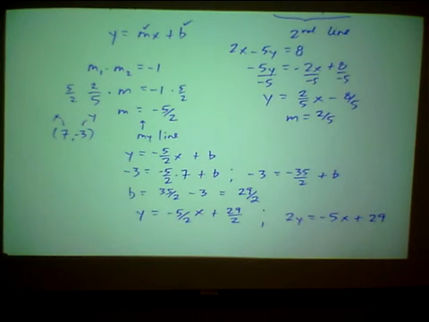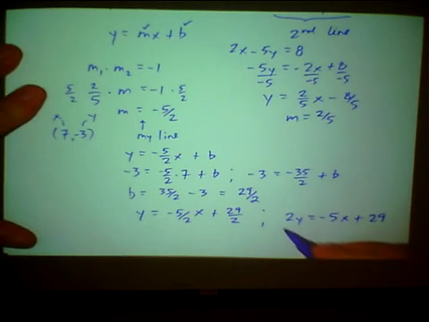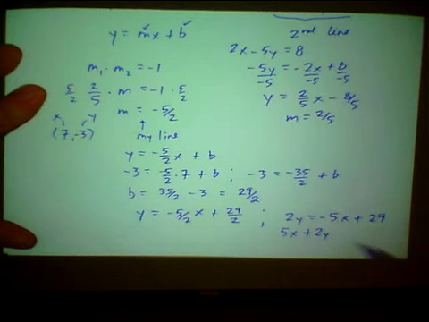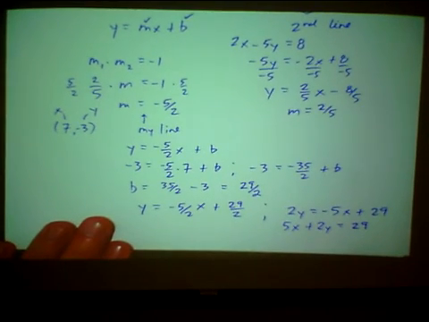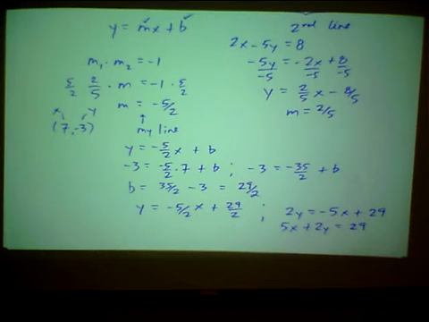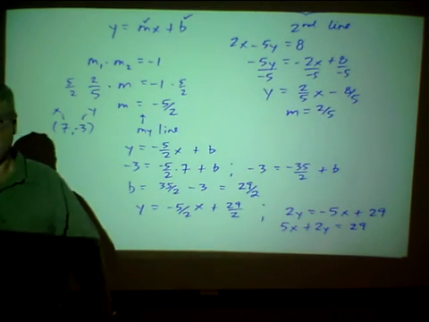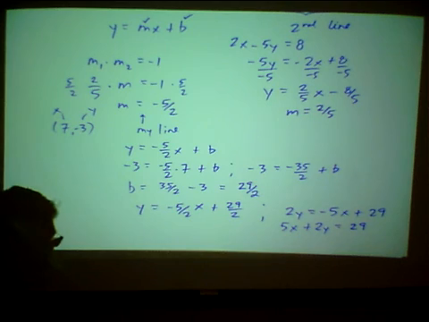And now I want to get the x and the y on the same side, so I'm going to add 5x to both sides. And you get 5x plus 2y equals 29. So there's the equation in the general form, and over here is the equation in the slope-intercept form. So that's an example of how to find the equation of a line when you're given a perpendicular line and also a point on our line.